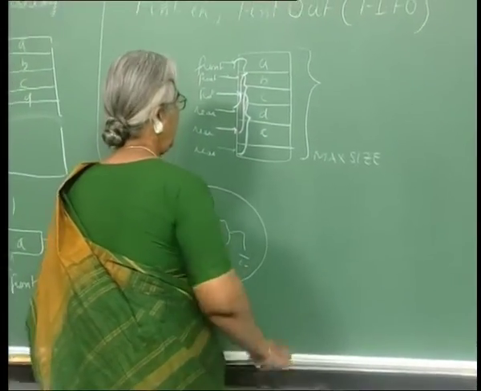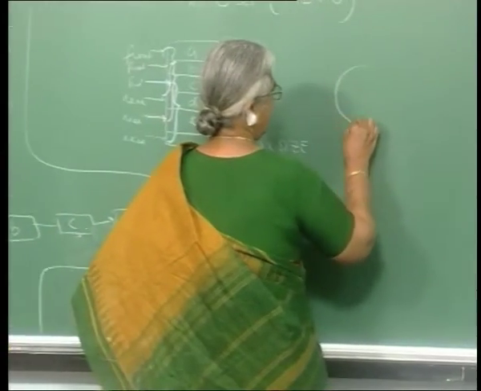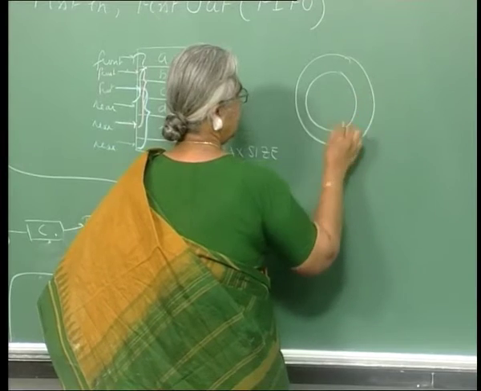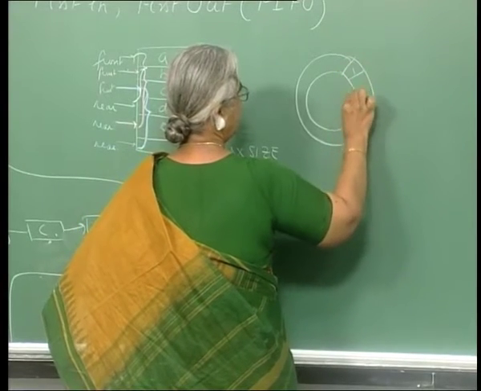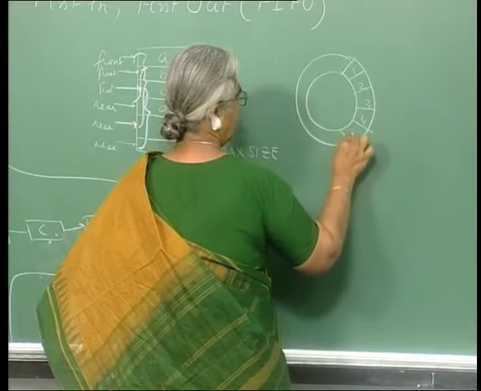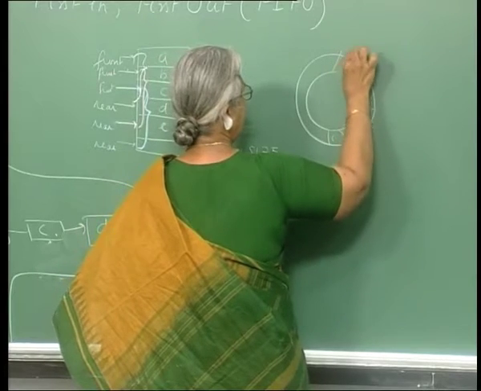So, what we normally do is convert this array implementation to a circular queue. Let us say this is 1, 2, 3, 4, 5, 6 and so on, and this is the max size.